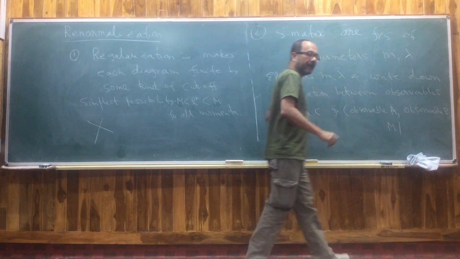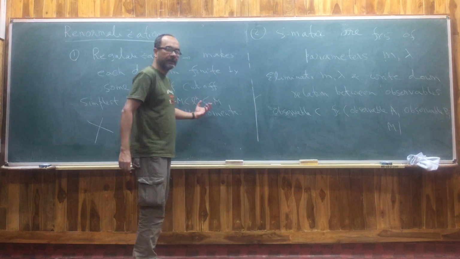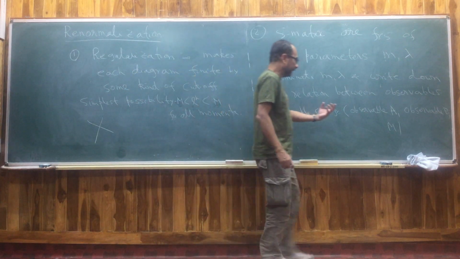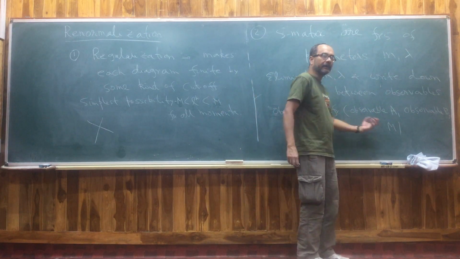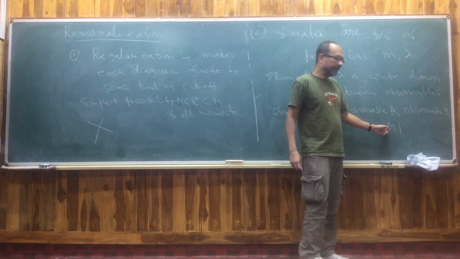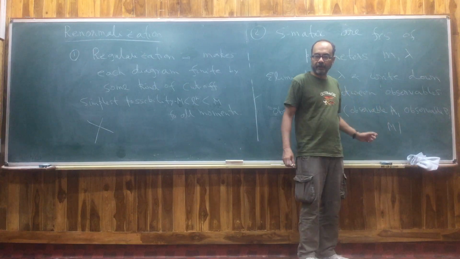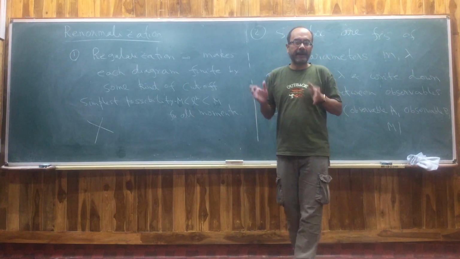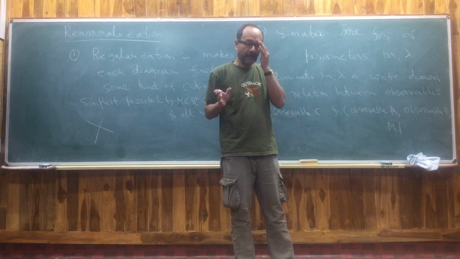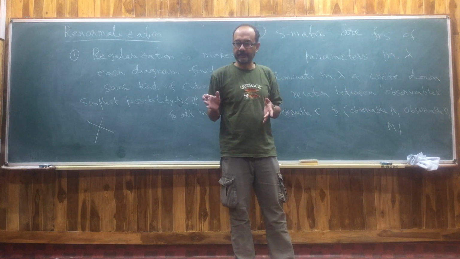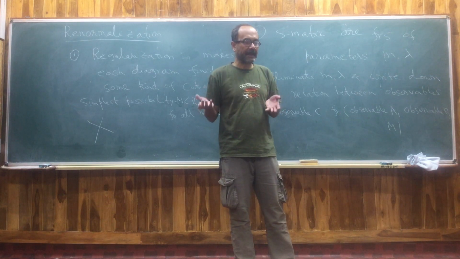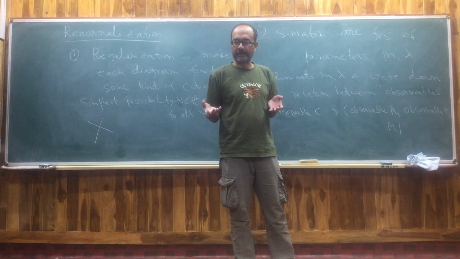M appears because all integrals are defined with this cutoff. So now we are asking that if you take this function and take M to infinity, does this generate a finite function or not? If this generates a finite function, we call the theory renormalizable. If this function is not finite as capital M goes to infinity, then the theory is not renormalizable.